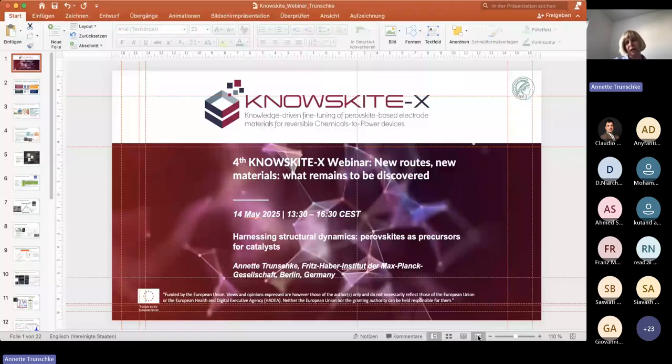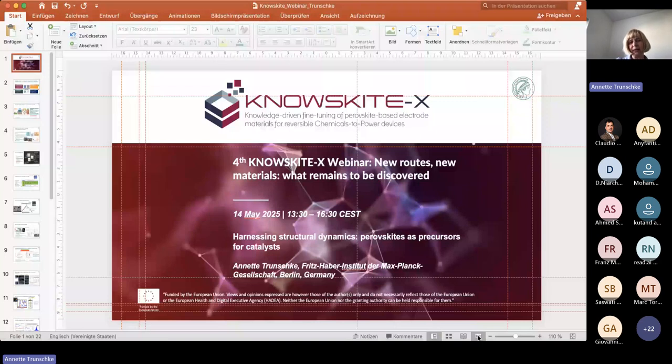And in our work, we synthesize oxides mainly, and these oxides work as host structures and precursors of active phases. So we, for example, deal with ammonia decomposition or CO2 activation. And in this case, we start, for example, also from perovskite and have such exsolution strategies like we have seen in one of the talks today already.